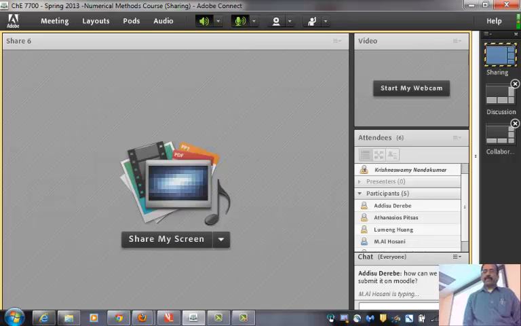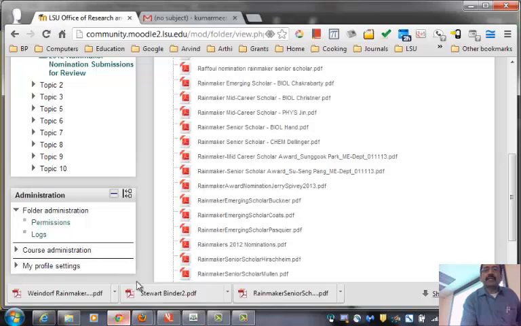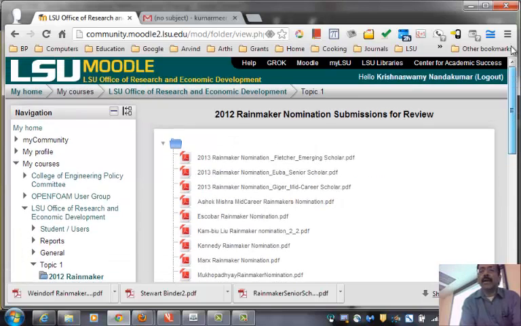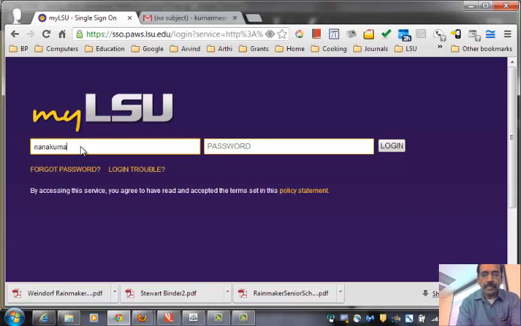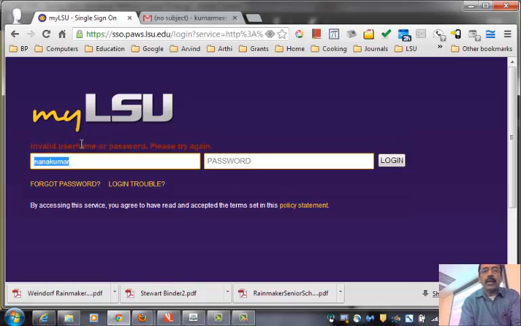How can you submit it on Moodle? Okay. Let me start the Moodle page and then show you. And I think this applies to all of you here as well.